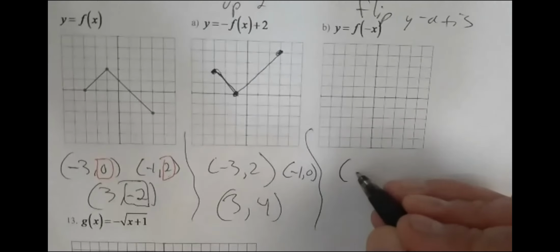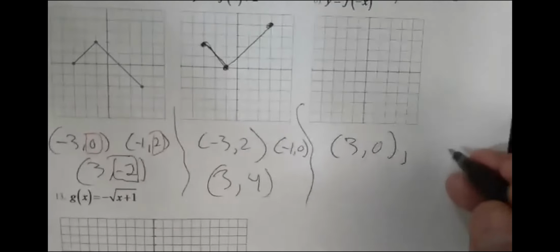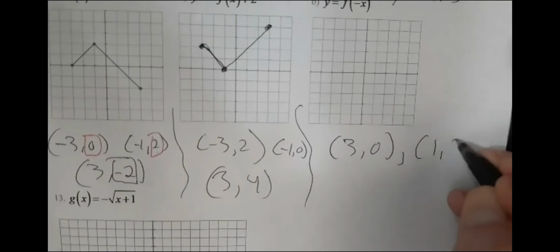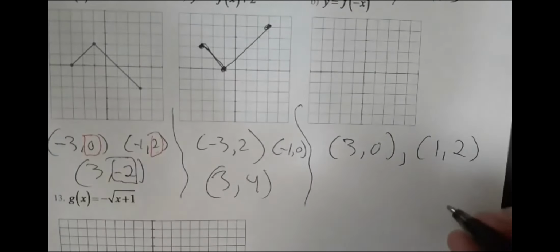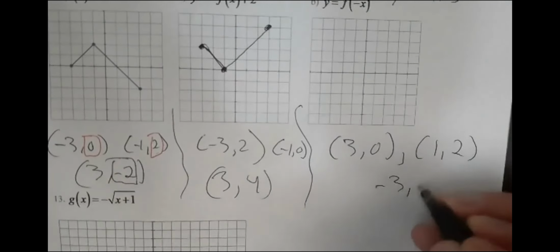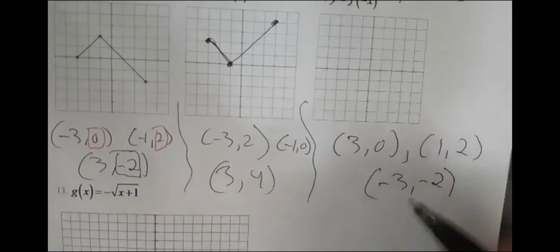Another way is you can take it point by point. So we're throwing a negative on the x value. So instead of minus 3, 0, this is going to be 3, 0. Instead of minus 1, 2, this is going to be 1, 2. Instead of 3, minus 2, we can do a minus 3, minus 2.